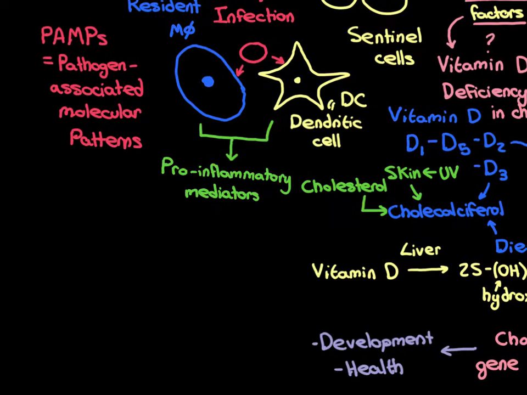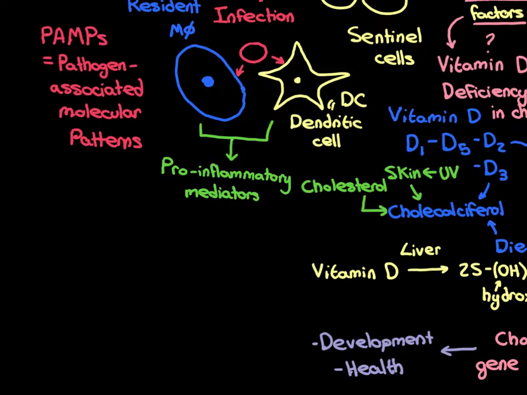Now, there are absolutely loads of these. If you want, you can go and learn lists and lists of pro-inflammatory mediators. However, if you don't want to learn a great big list, there are two that are absolutely essential to know about, that you must know about.